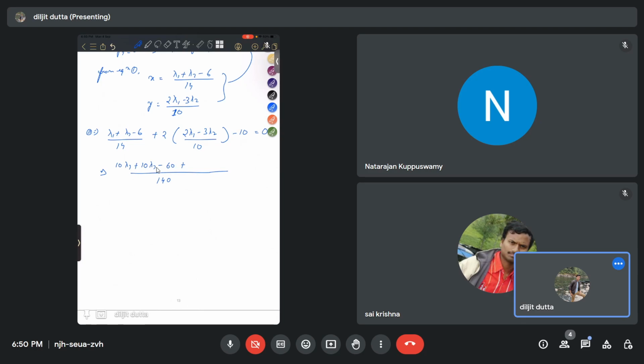So 14 by 228, 228 is 56 lambda 1, 28 into 3.